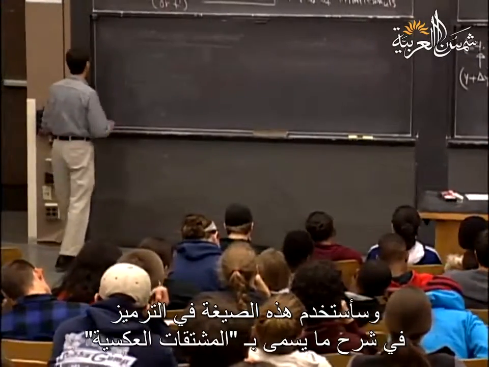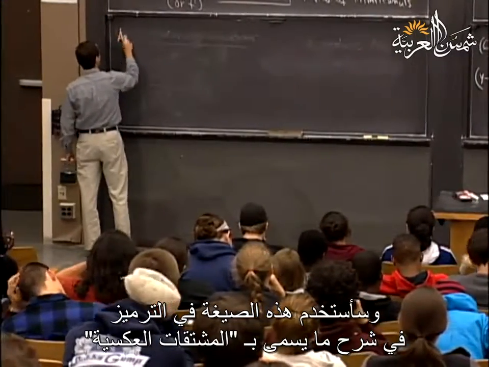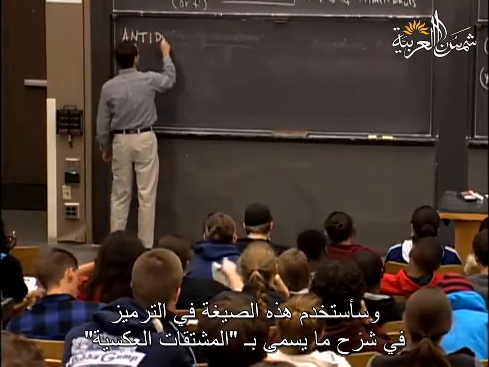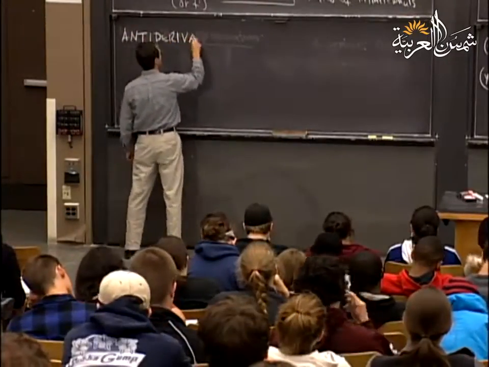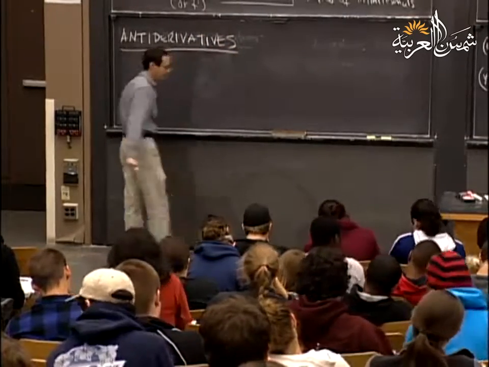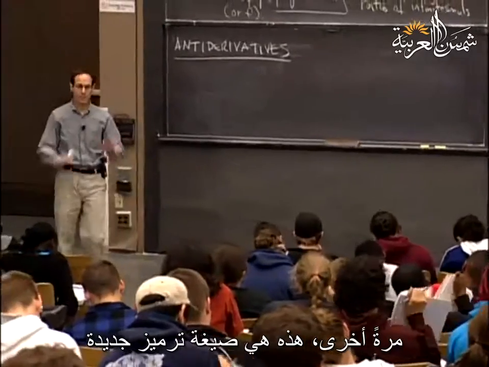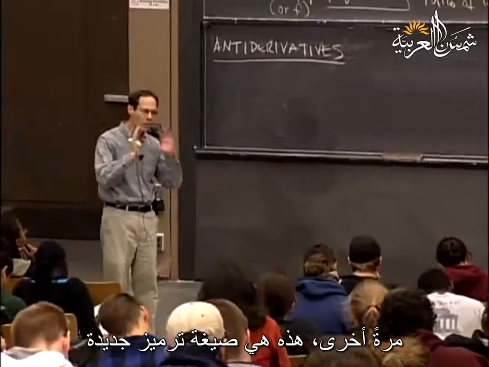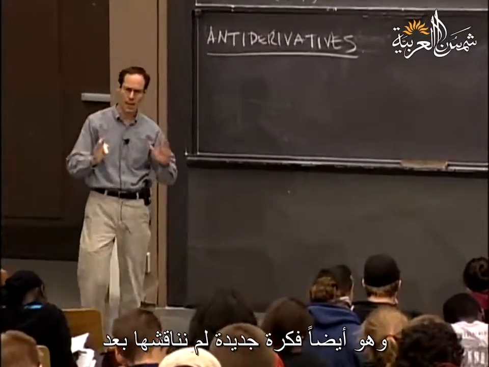The way I'm going to use it is in discussing something called antiderivatives. Again, this is a new notation, but it's also a new idea, one that we haven't discussed yet.